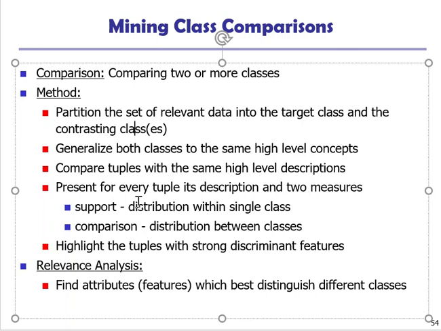The two measures, one is support, the other is comparison. The support describes how the data is distributed within this class, so within undergraduate, and the comparison is the distribution between classes.